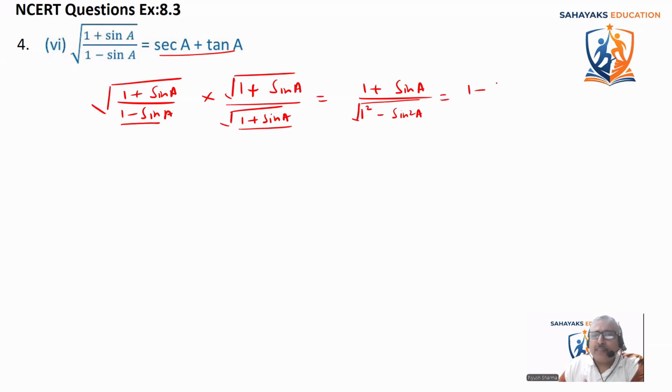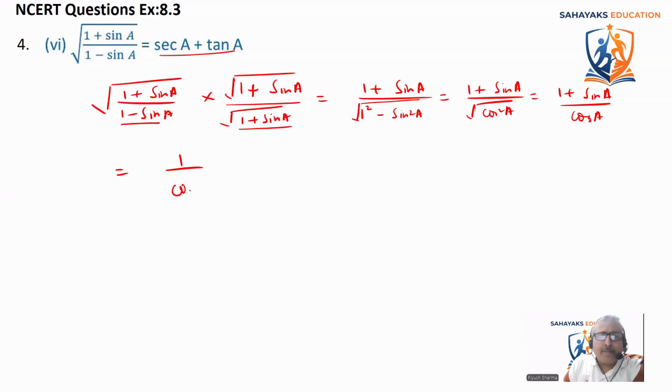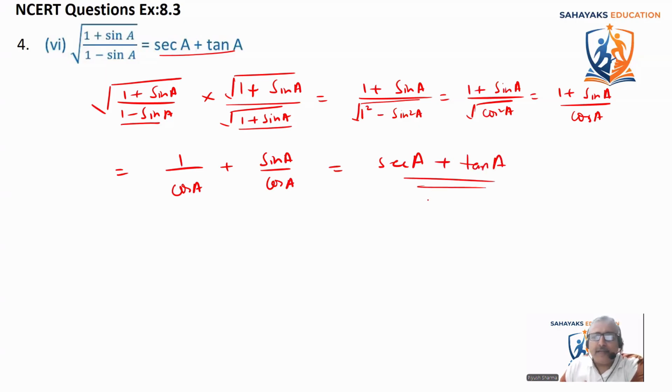So it becomes 1 plus sin A divided by, because 1 minus sin square A is cos square A, the square root of cos square A. And it gives 1 plus sin A divided by cos A. Now, if we segregate that, it becomes 1 by cos A plus sin A by cos A. And that is equal to sec A plus tan A. And that is equal to RHS. So LHS is equal to RHS, hence proved.